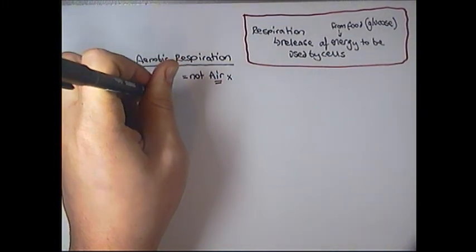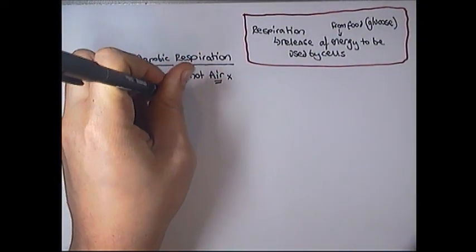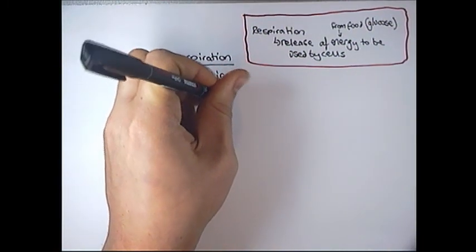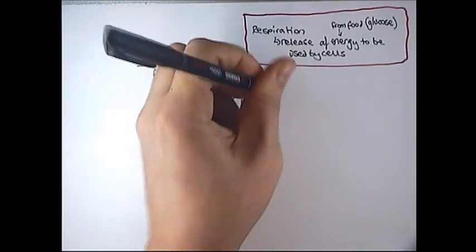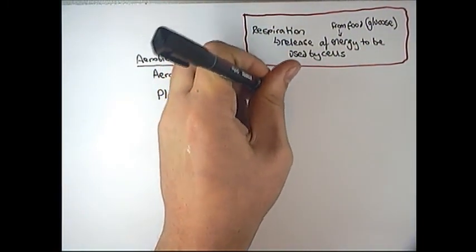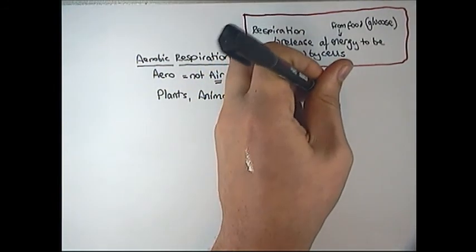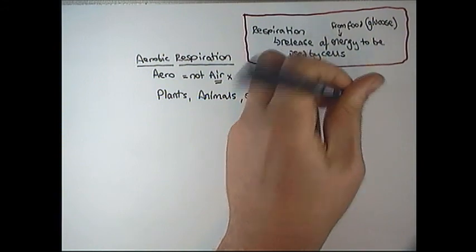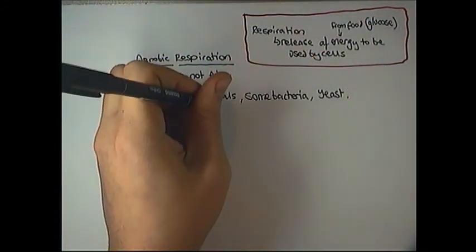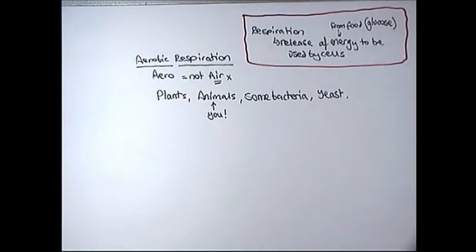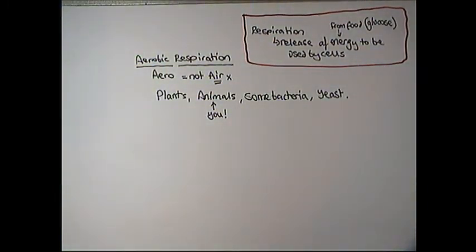So things that do aerobic respiration are plants, animals, some bacteria, and microorganisms called yeast. Don't forget that as far as science is concerned, you are an animal, so that means that you do aerobic respiration.